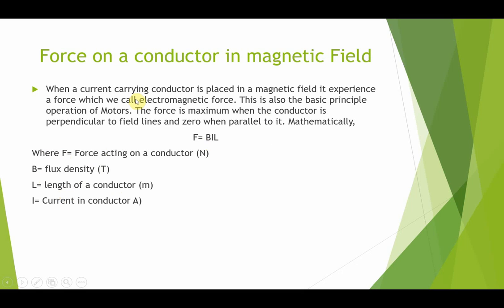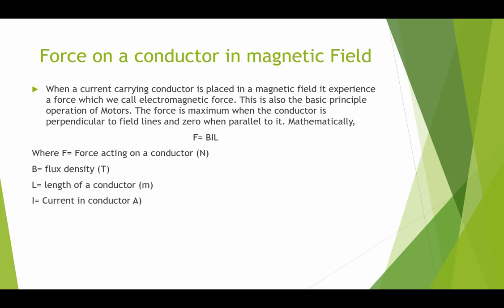This means that when there is a current flowing in a conductor and we put this conductor in a magnetic field, it experiences a force. Why? Because when current flows in a conductor, a magnetic field is produced around it.